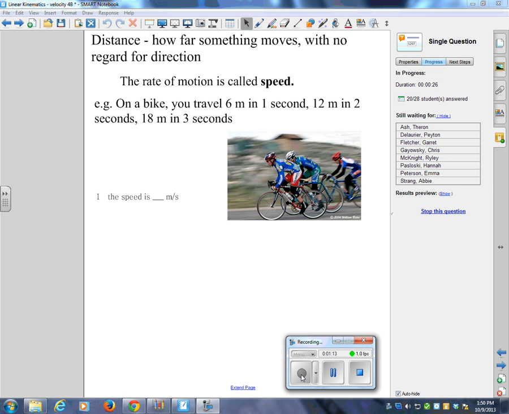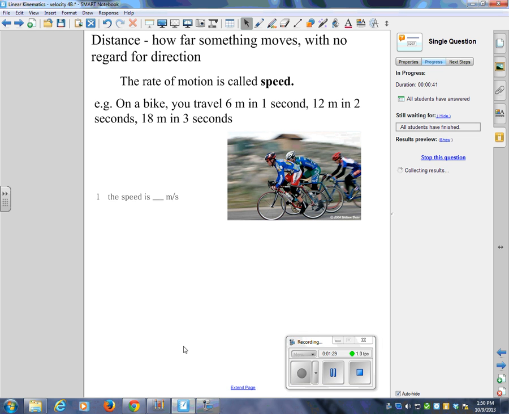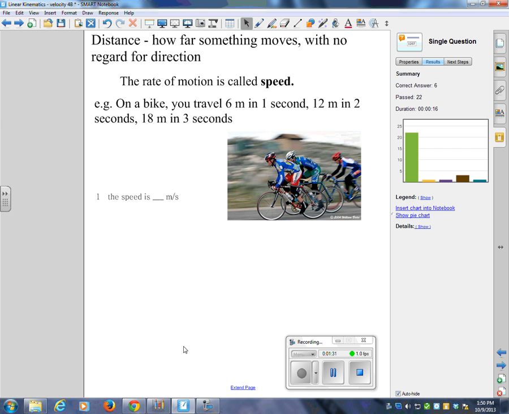Just a number. And of course, what's the answer? 6. 5.